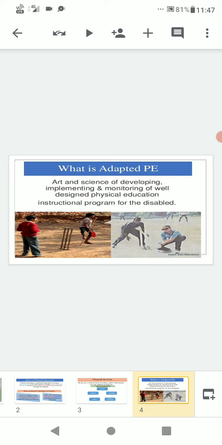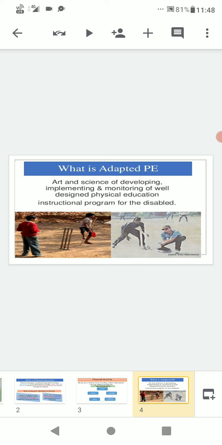So, adaptive physical education is the physical education which has been adapted or changed so that it may be appropriate for the differently abled person as it is for a person without disability.